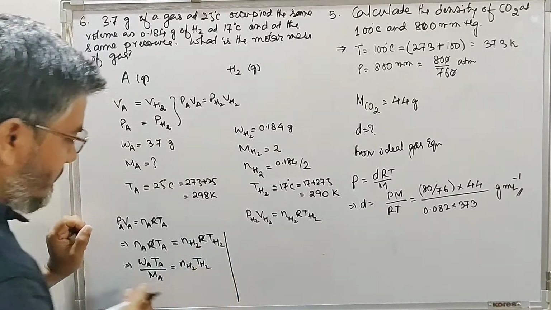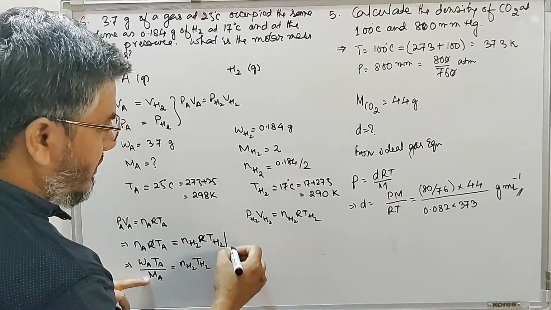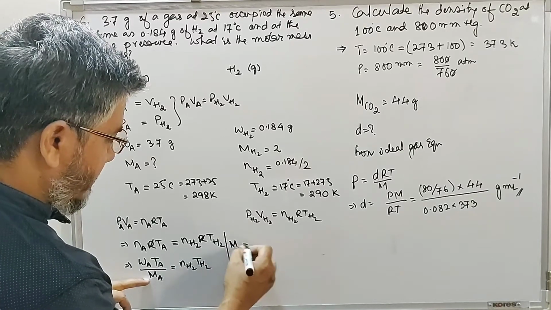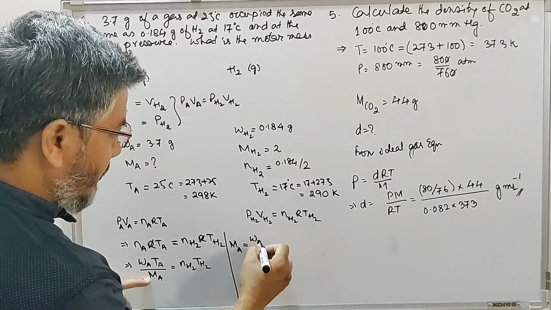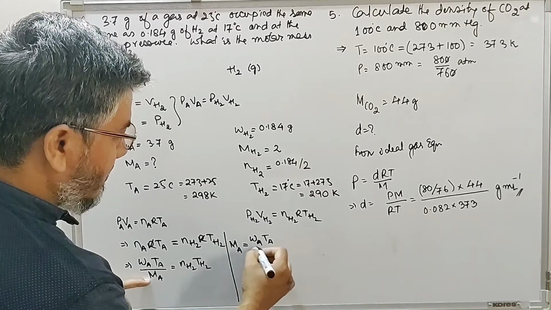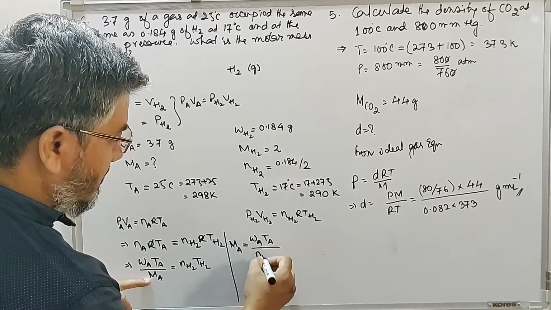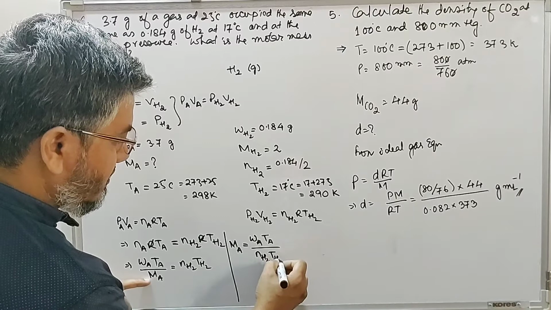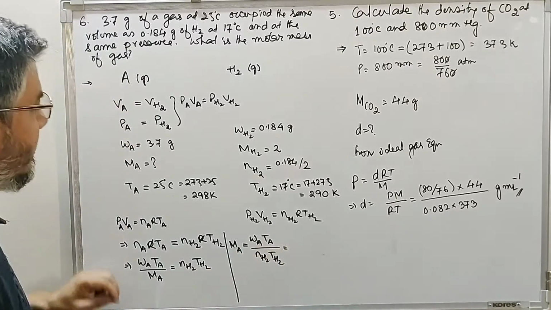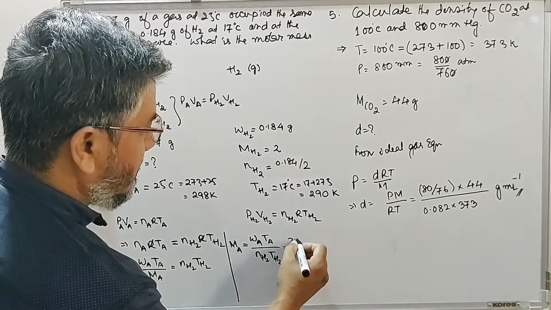We have to find the value of MA. So therefore MA is equal to WA TA divided by NH2 TH2. WA is 3.7 gram.